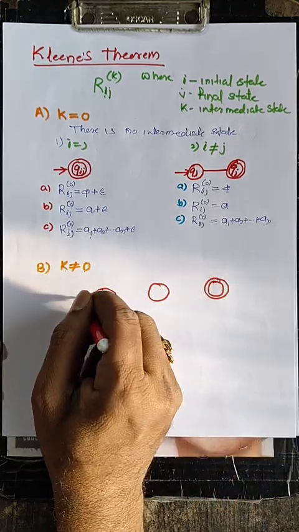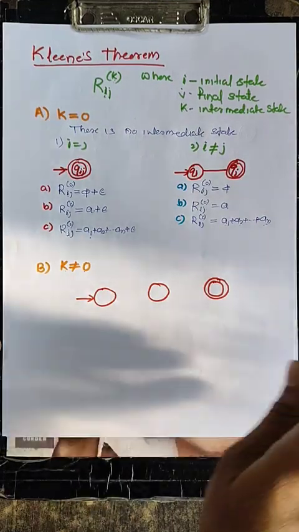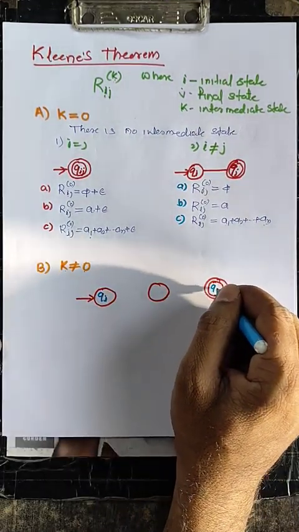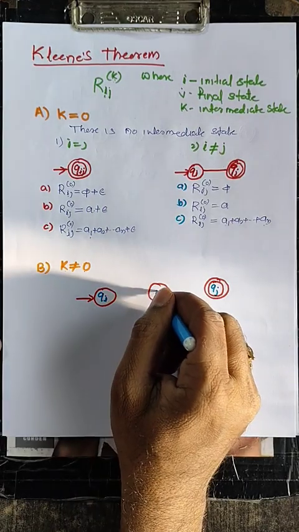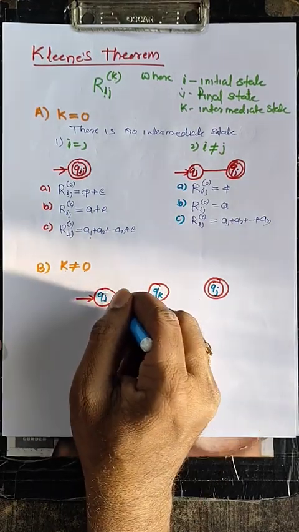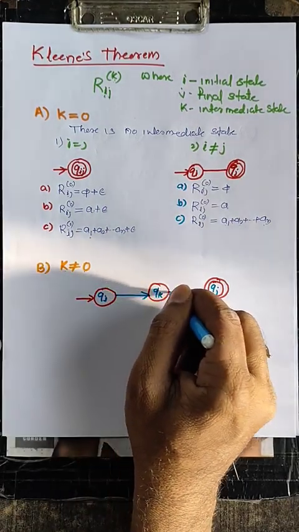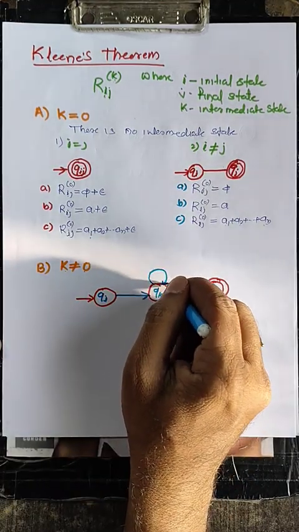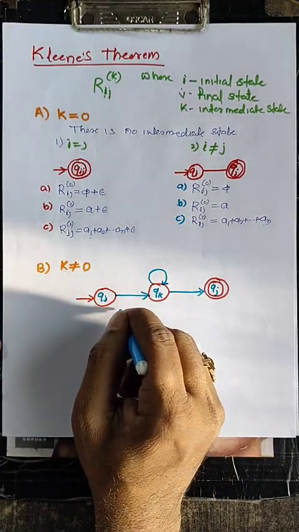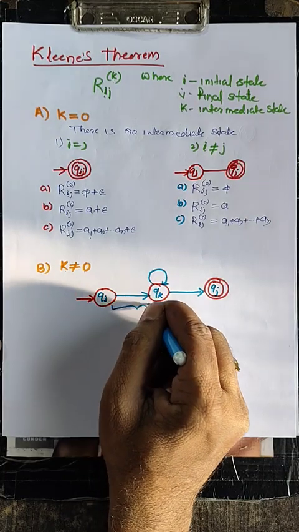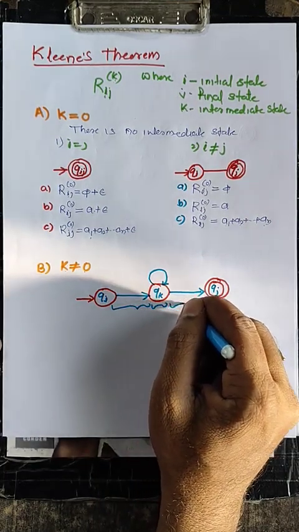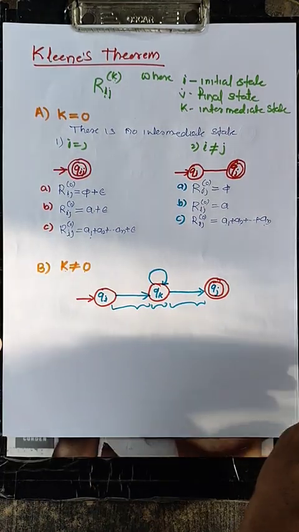This is a simple finite automata: q_i and q_j, initial to final, and q_k, the intermediate state. On k we can take a self loop, with transitions up to the intermediate state or after it.